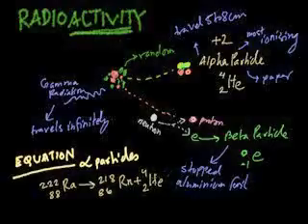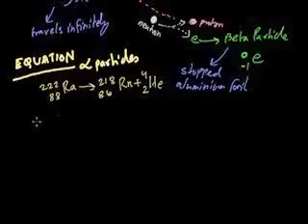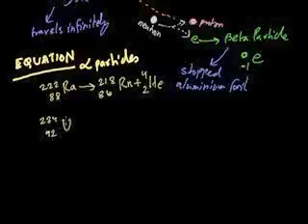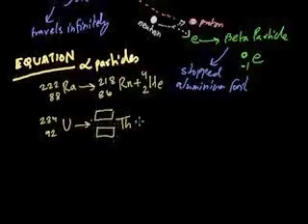So if I give you a question like that, how to balance an equation like that, suppose this is the question: 234 mass number and 92 proton number. Now this is unknown, and we know this is an alpha decay.